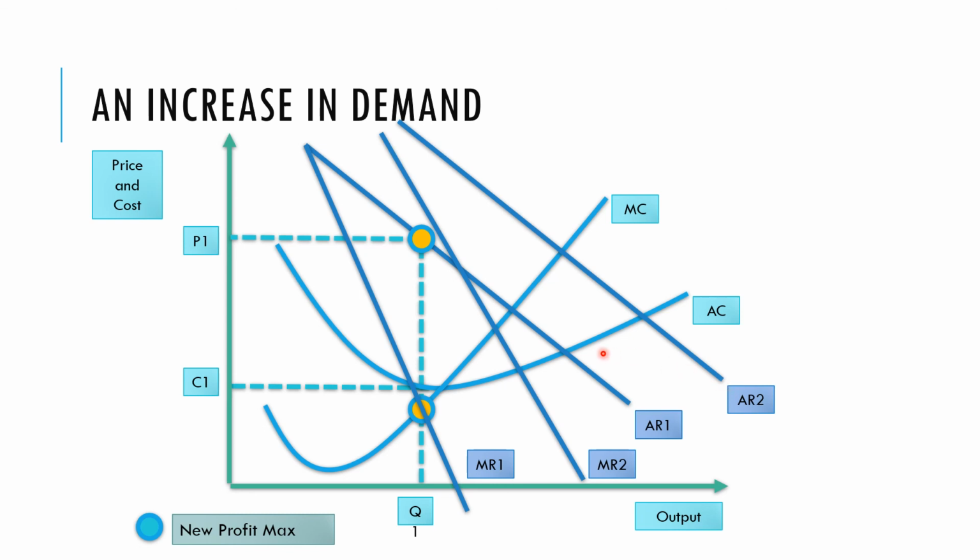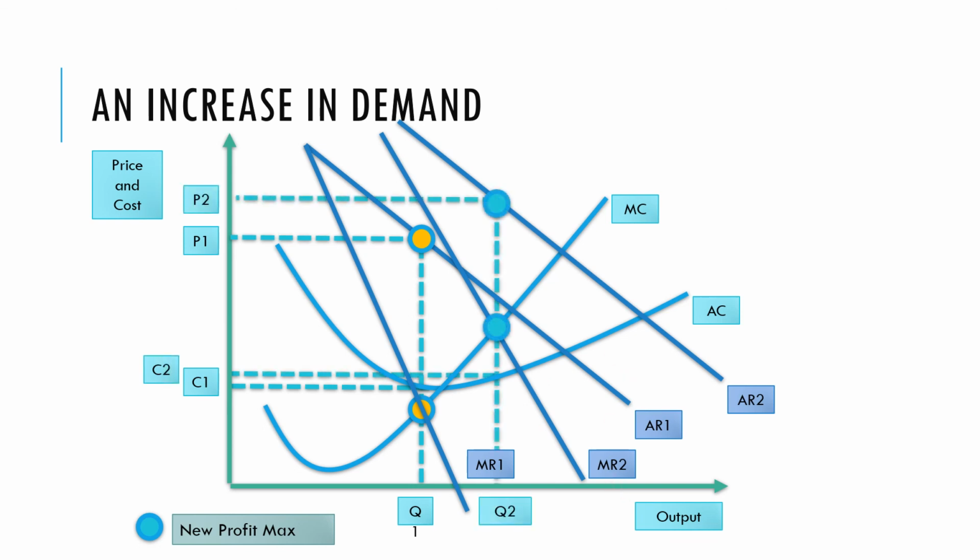And so here we get a new set of profit maximization scenarios. So what is our rule? Profit maximization occurs where the marginal revenue, so marginal revenue 2, equals the marginal cost. So here's our new profit maximizing level of output, Q2. We go up and find the price, and the price is P2.